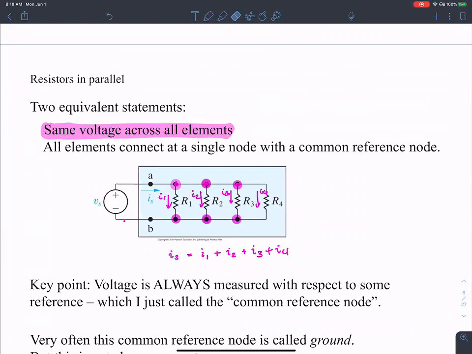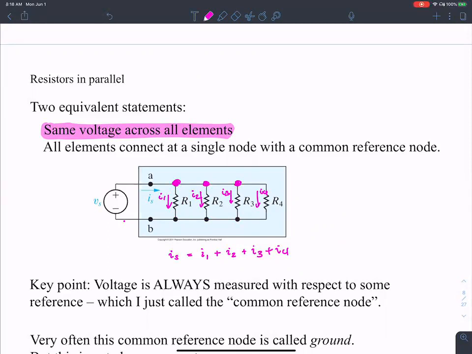Even though they appear like three different nodes, A, B, C, they're really all a single node, because this element here is a 0 ohm resistance. So this is a short, and all of these nodes are equivalent to one single node.